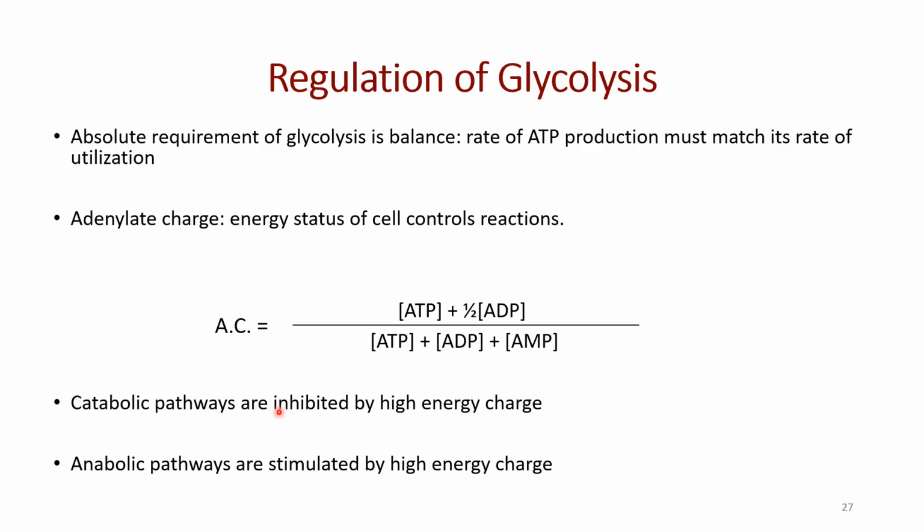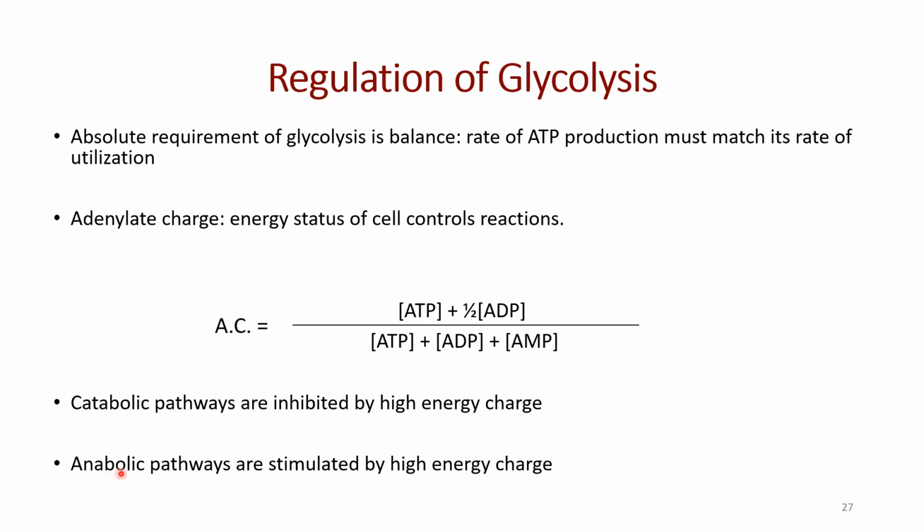Catabolic pathways are designed to make ATP. So when your adenylate charge is low, you better think the catabolic pathways are going to be very active. And if your adenylate charge is high, then you don't need to be making ATP, and so catabolic pathways are inhibited when the energy charge is high, when you have a lot of ATP.